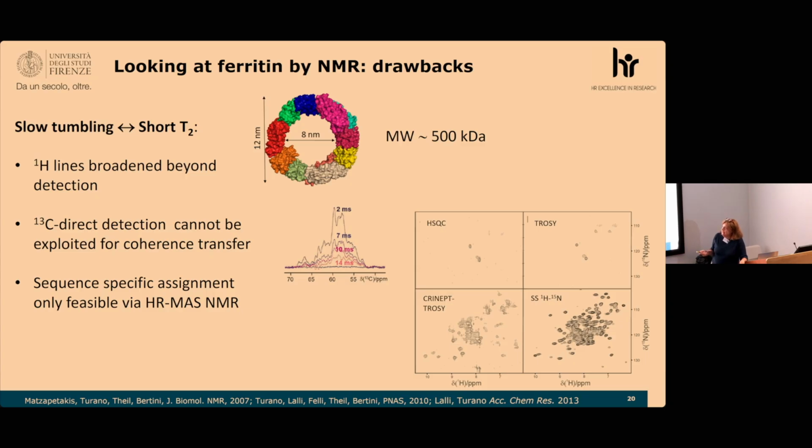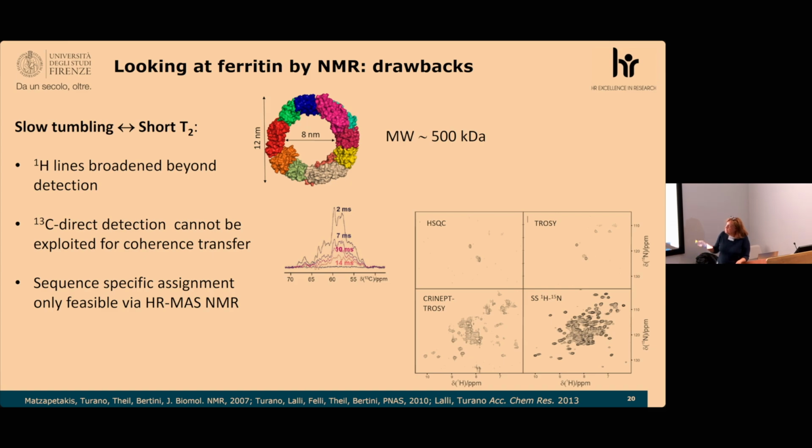And so this affects the tumbling time, therefore the T2 relaxation time, which means very large broadening of the lines, and so we cannot build up the scalar couplings that are needed for the sequential assignments.